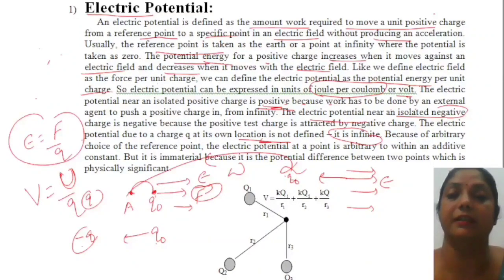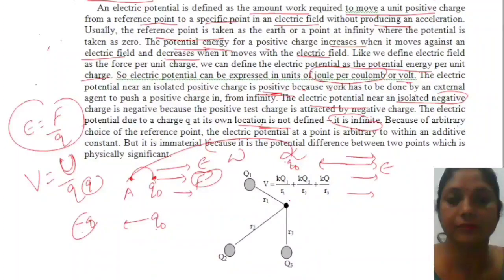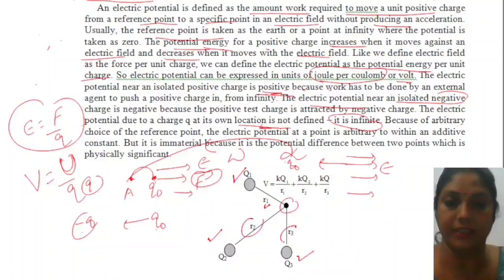The diagram is given here, right? In the diagram, the total potential at this point is due to the charges Q1, Q2 and Q3. Q1 is at distance R1 from this point, Q2 is at distance R2 and Q3 is at distance R3.